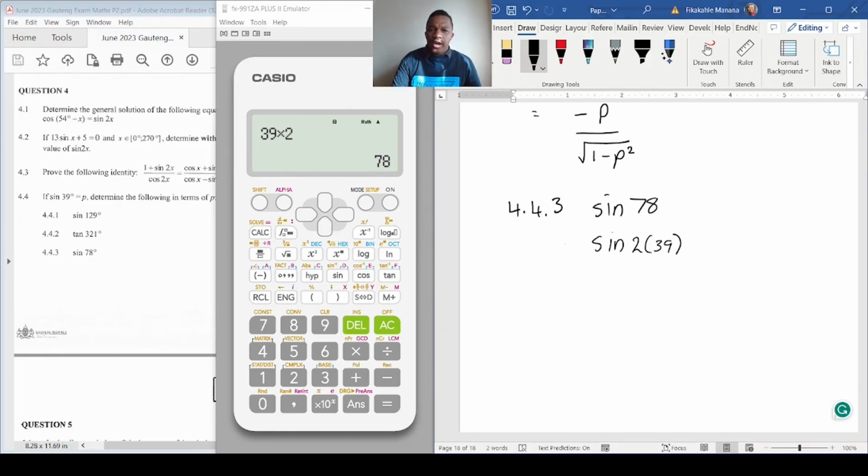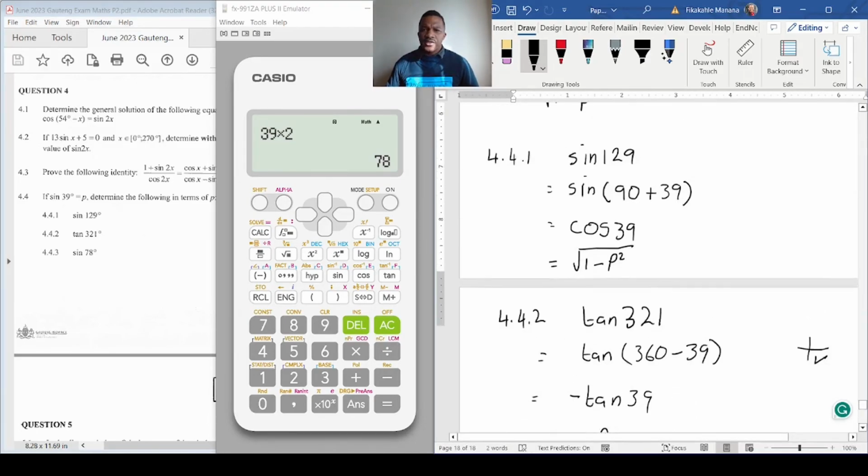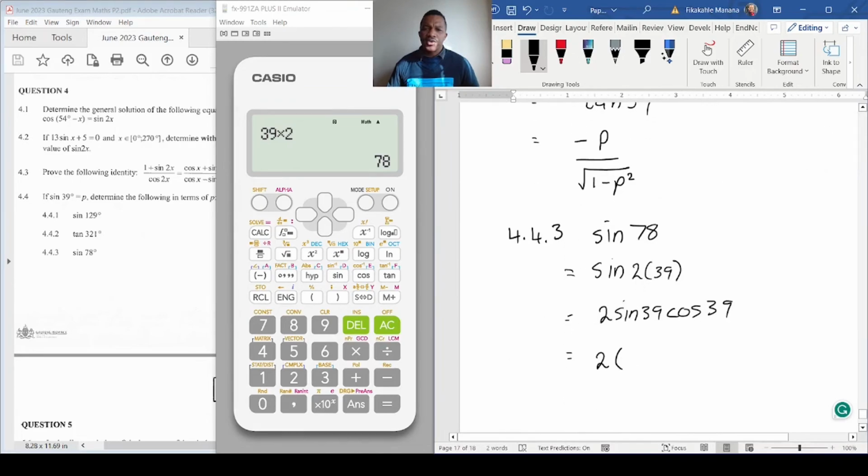This is a double angle now, and remember, when we expand our double angle, it becomes 2 sine 39 cos 39. Okay, so then it becomes 2. What was sine 39? Did we solve it? Sine 39. Okay, let's look at our triangle. It's opposite, which is P over 1. So we just write a P there.